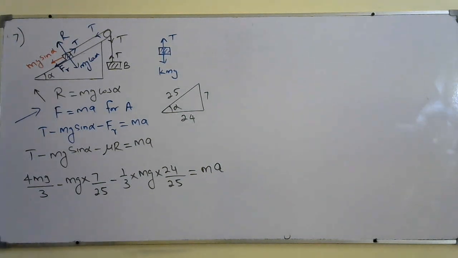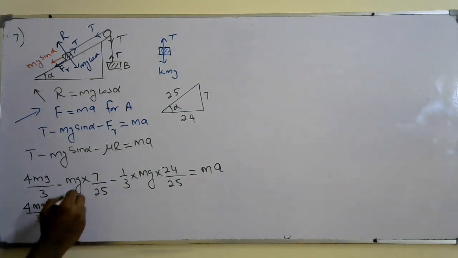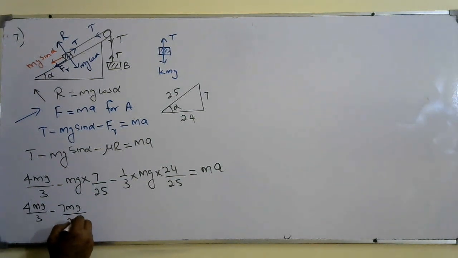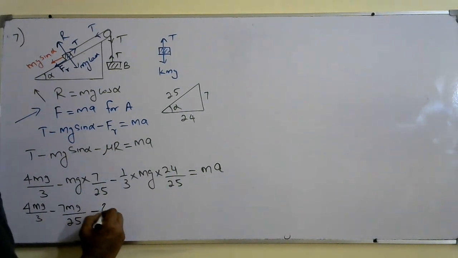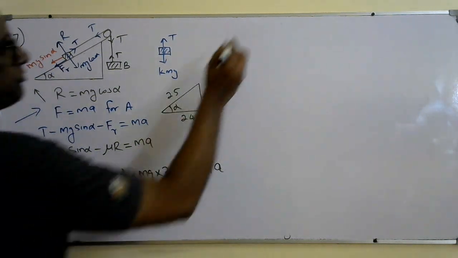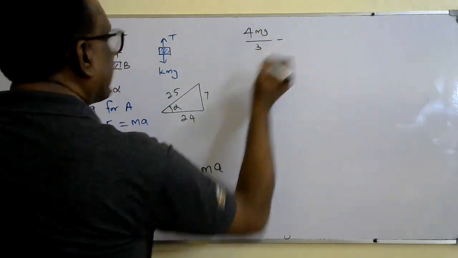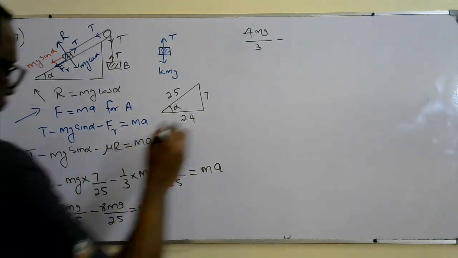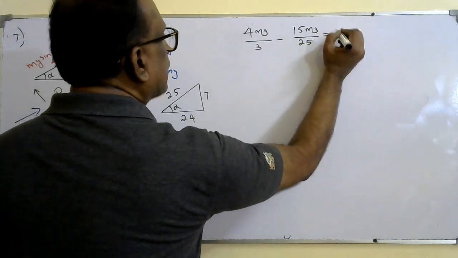Okay, solve it. This is going to be 4mg/3 minus 7mg/25 minus 8mg/25 equals ma. So continue: 4mg/3 minus 15mg/25 equals ma.